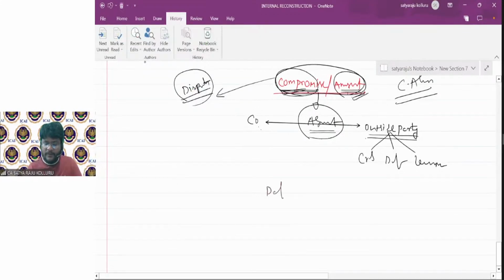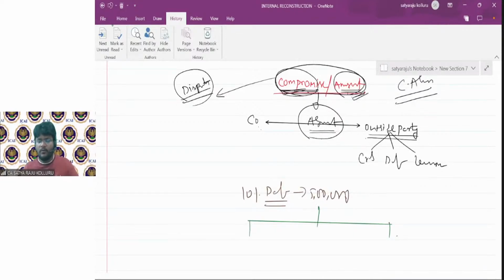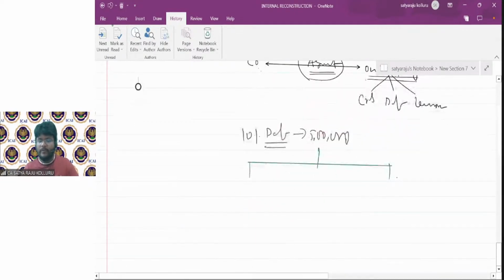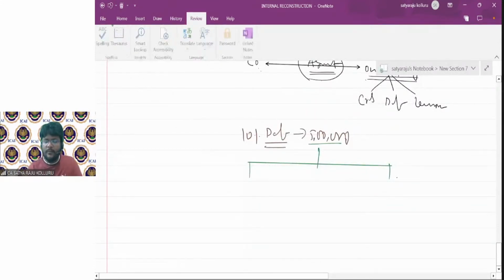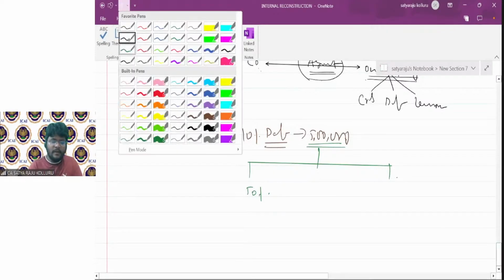Sir, debentures. 10% debentures are there in my organization for 5 lakhs. Now, the deal we entered with the 10% debenture holders is, out of this 10% debentures, let us assume 50% they are ready to sacrifice.